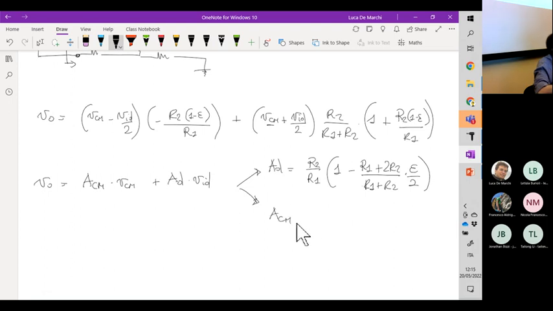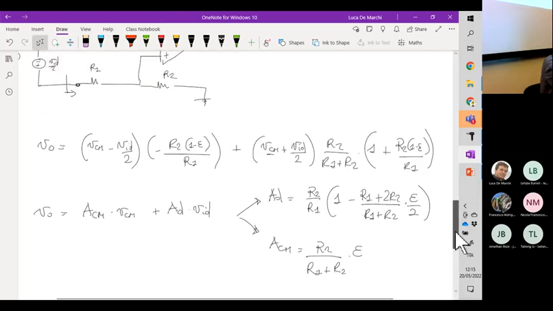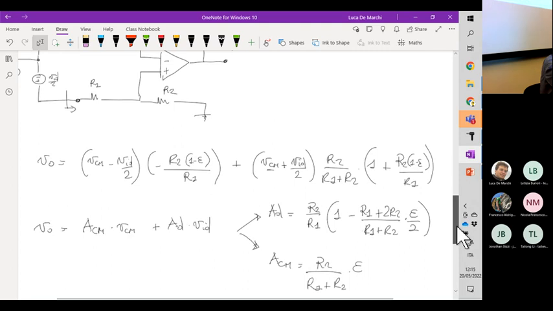While the common mode gain is R2 divided by R1 plus R2 times the discrepancy term, epsilon. So you can see that the larger is the discrepancy between the resistors which should be equal, the larger gets the common mode gain.